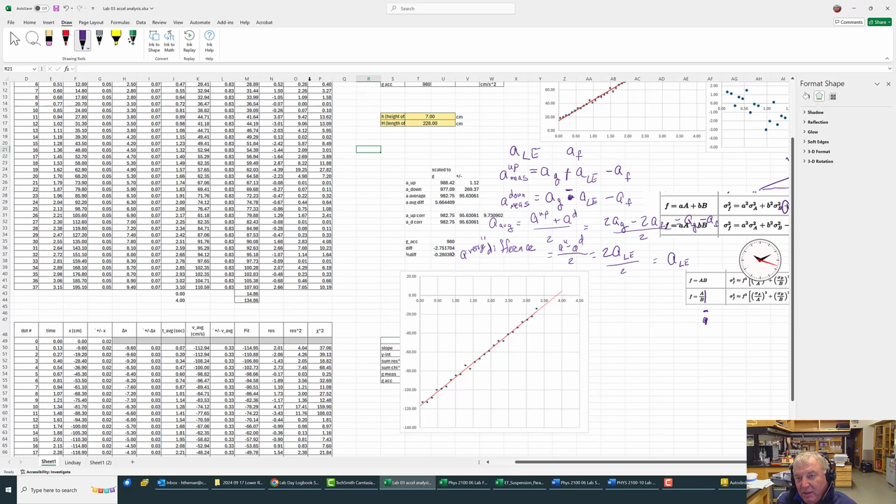Because if we find out that it's actually tilted the wrong way, then we're going to get a negative value, and then we plug in a negative value here, and you're subtracting it, because then if it wasn't tilted enough, then the acceleration up is going to look a little less, and the acceleration down is going to look a little bit more.